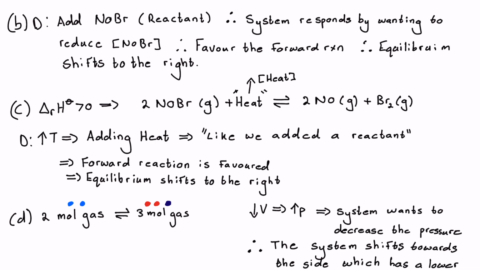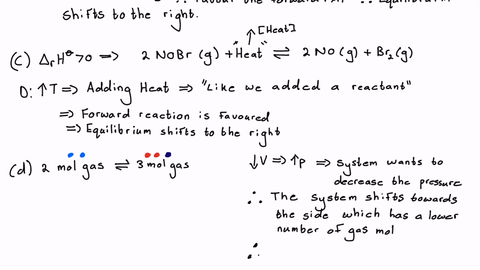Gas molecules, gas moles, they're equivalent. So you count the number of moles of gas on either side, and if the pressure increases, the system wants to decrease the pressure. How does it do that? It shifts to the side towards which there's a smaller number of moles of gas. So in this case, the equilibrium shifts to the left. All right.